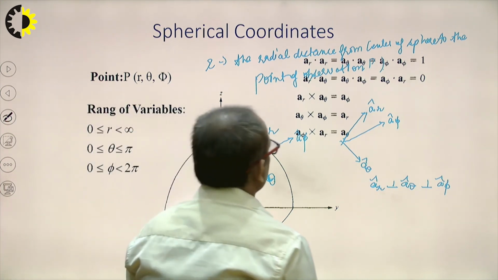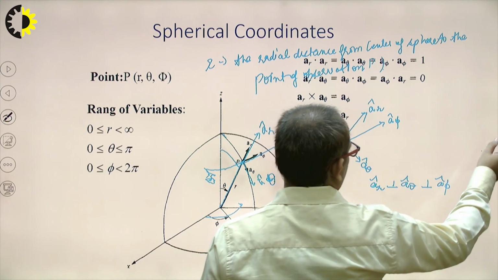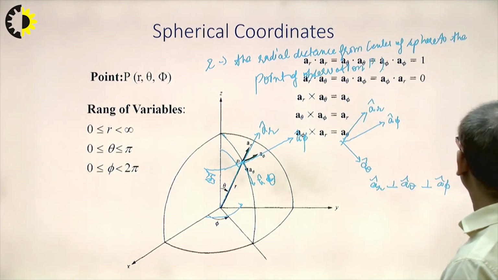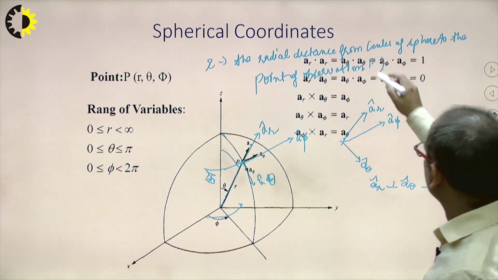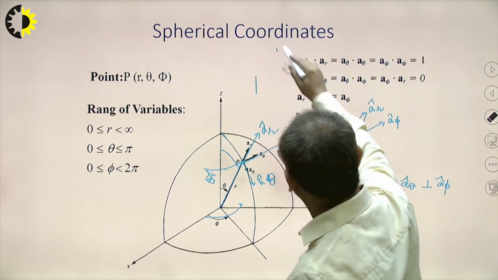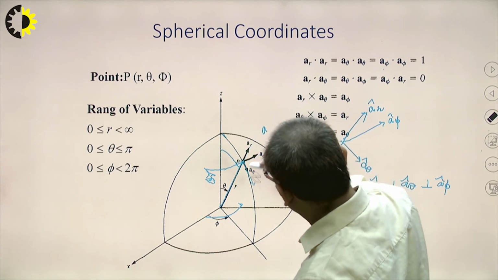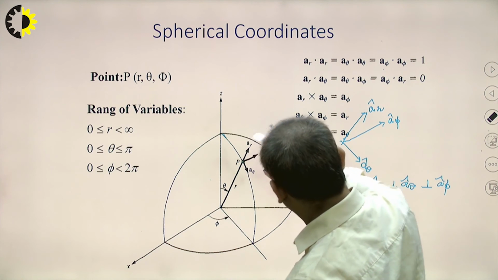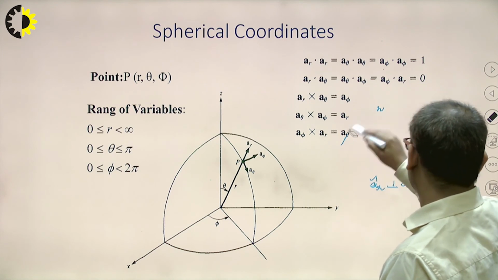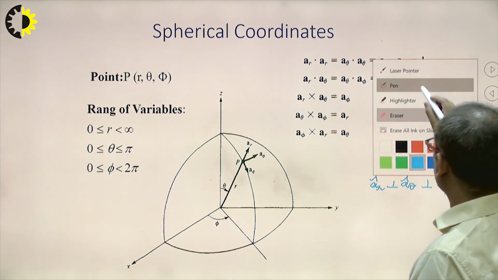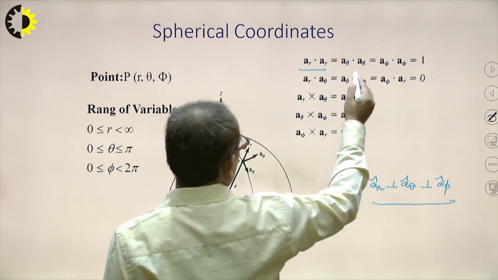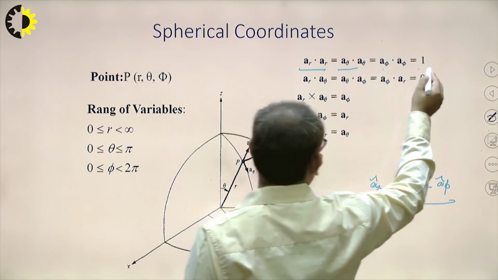At every point these three unit vectors will always be 90 degrees to each other. So the dot product of a cap r dot a cap r will be equal to a cap theta dot a cap theta, equal to 1.